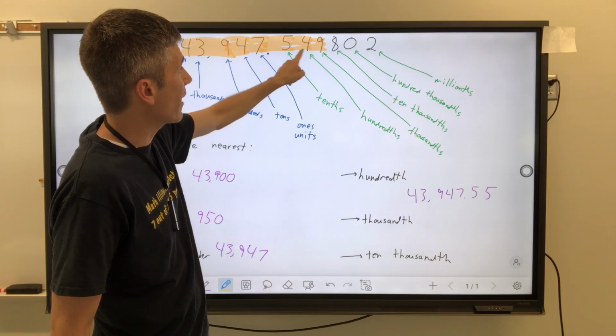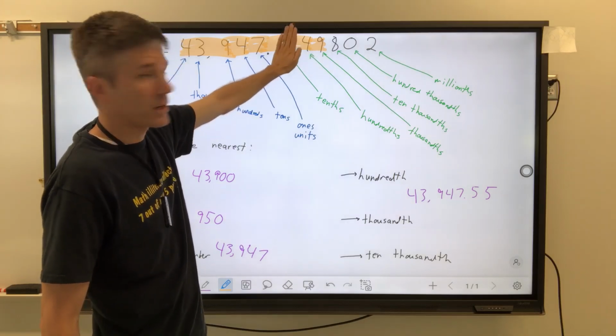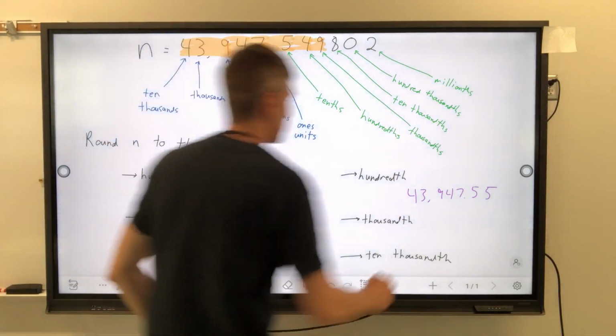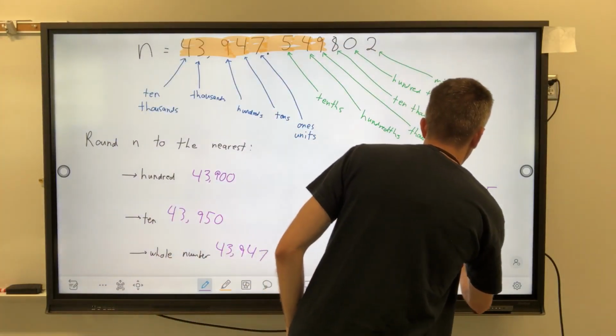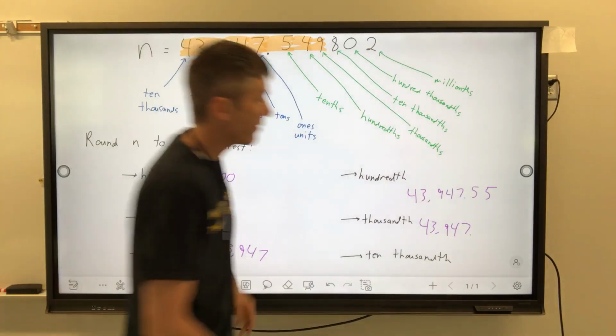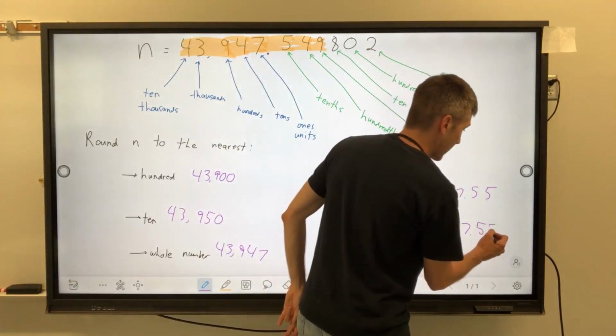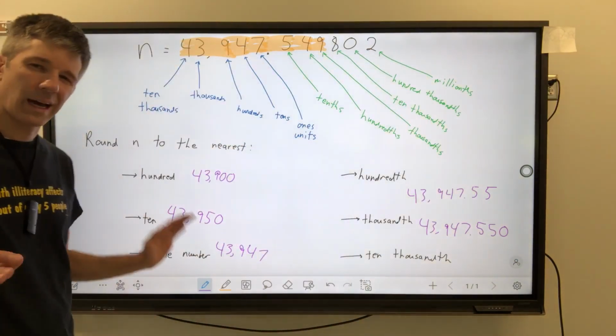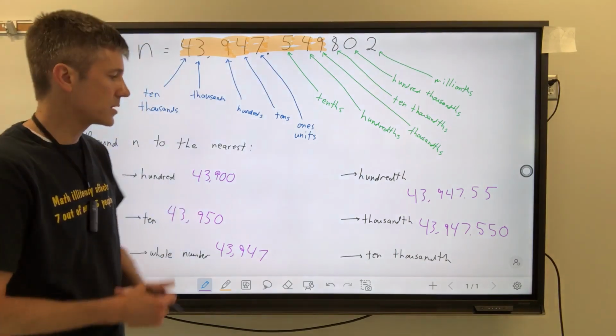So this would be a 550. Look at that as a 49. It adds 1. It makes it a 50. So the answer to this one is going to be 43,947.550. And since they did ask for 3 decimal places, technically, I am going to put the 0. It's not inaccurate if you don't, but it is what they asked.